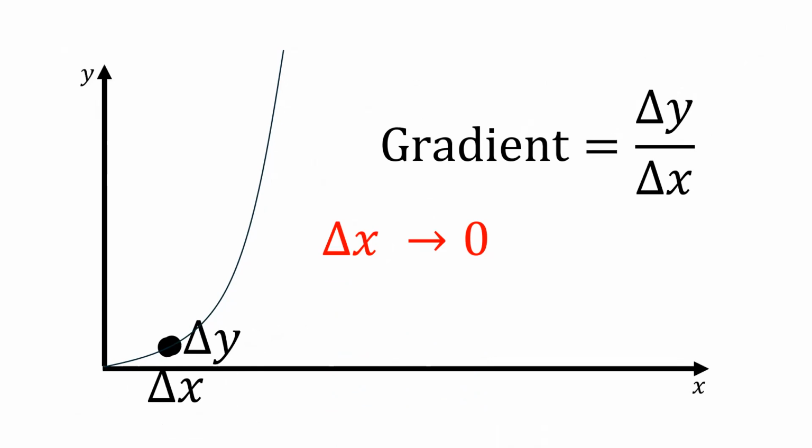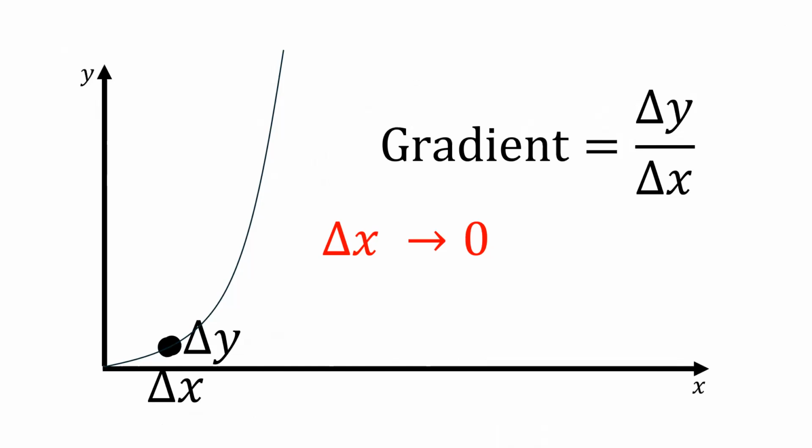Well, here's the thing. Delta x means the change in x, right? Remember, for gradient or for steepness, we're trying to find the change. How steep it is means how much y changes compared to how much x changes, right? How much y goes up and how much x goes right. That is what we're trying to find for steepness.